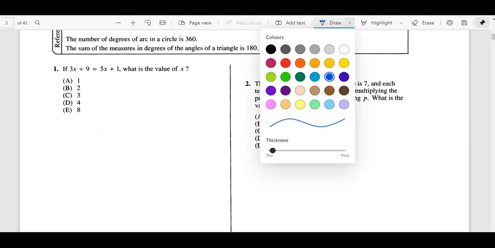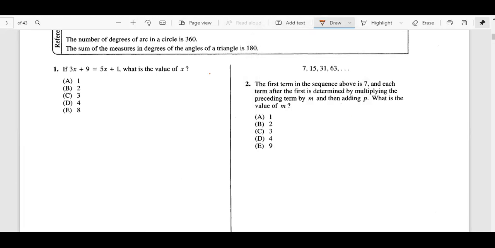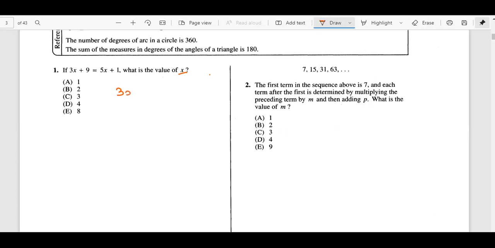All right. So the very first question is, if 3x plus 9 is 5x plus 1, what is the value of x? Okay, so this is a very simple question, right? Here, we simply need to make x the subject of our equation. I'll take 1 to that side and I'll take 3x to this side.